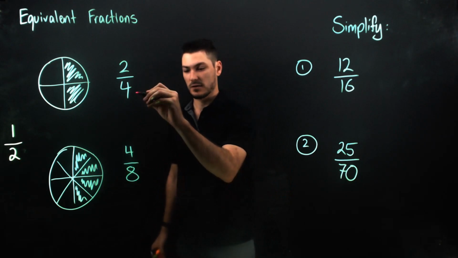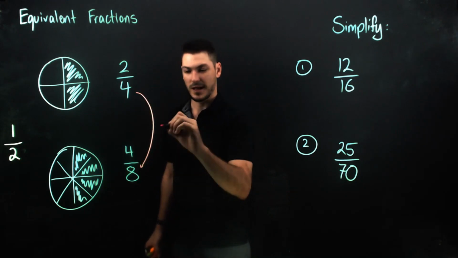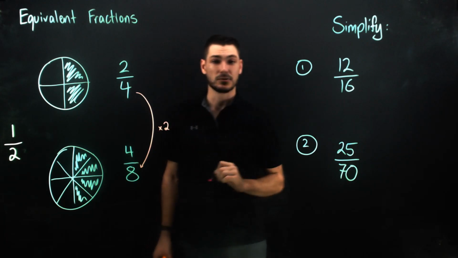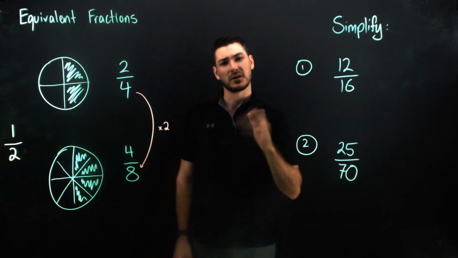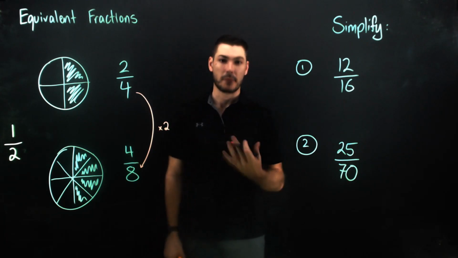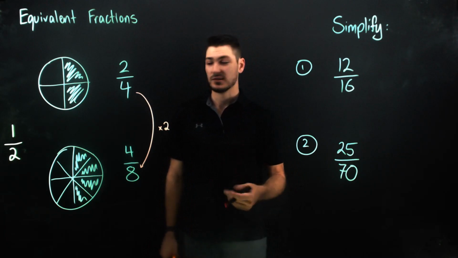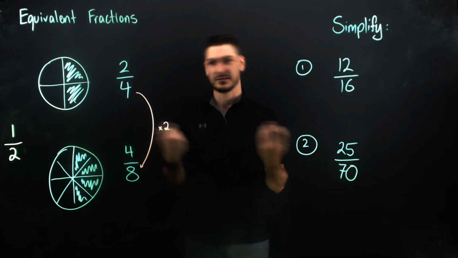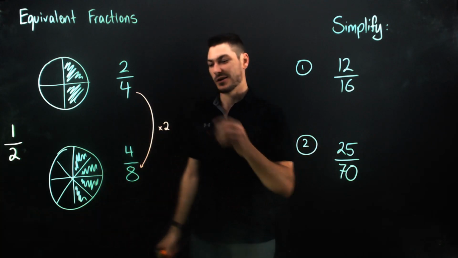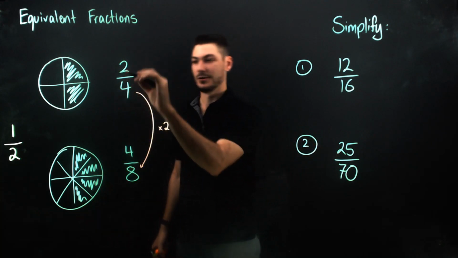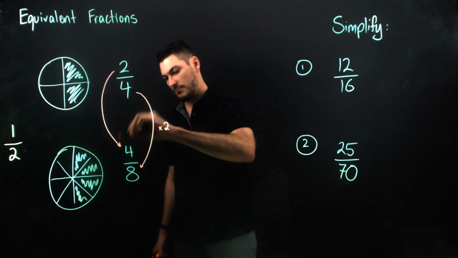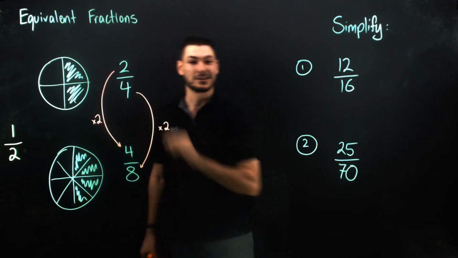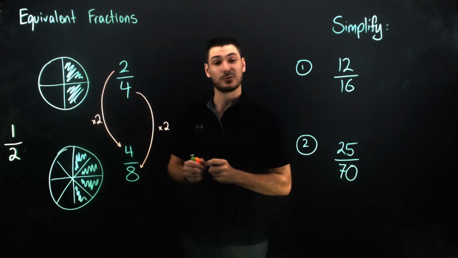So I've taken this 4 and I've times it by 2. But because I want an equivalent amount of pizza, I also need to get double the slices. If there is twice as many slices, I need double as many to have the same amount. So I've also taken the numerator 2 and times it by 2 in order to turn it into 4 slices.